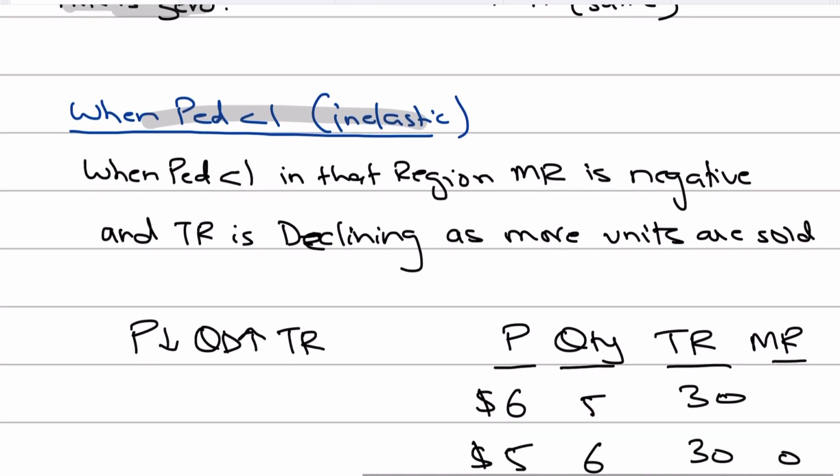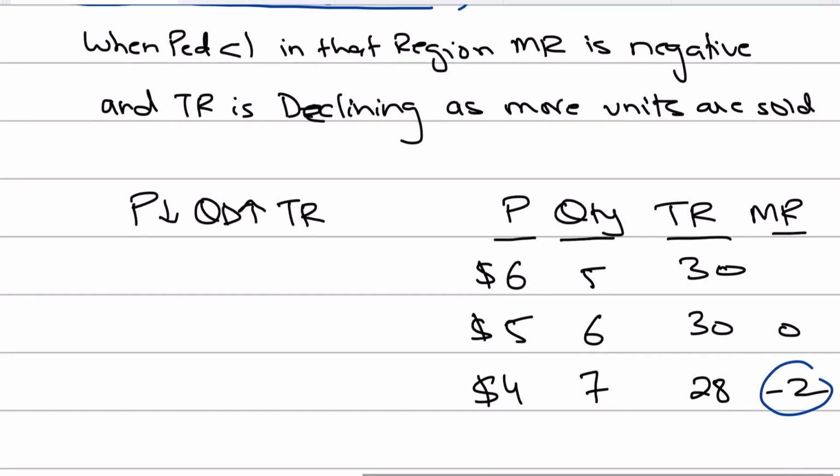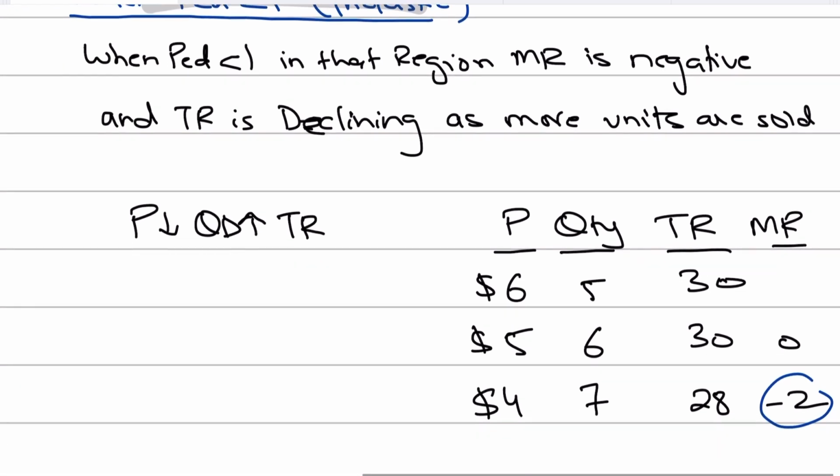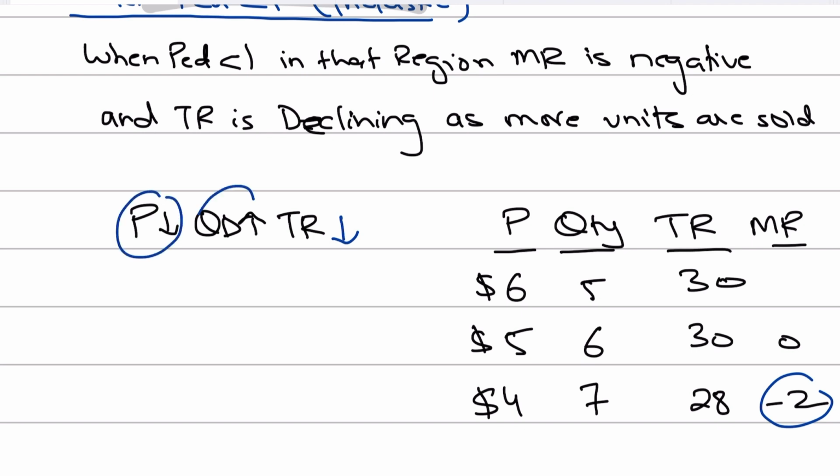When PD is less than 1, if you reduce the price to increase quantity, your total revenue, instead of going up, actually goes down, because in the range where your PD is inelastic, quantity demanded isn't sensitive to the price fall, it rises insignificantly, and that brings your overall total revenue down.